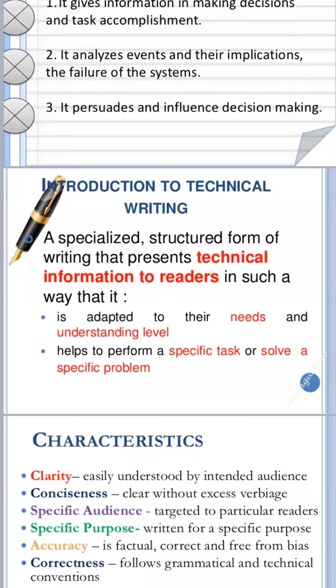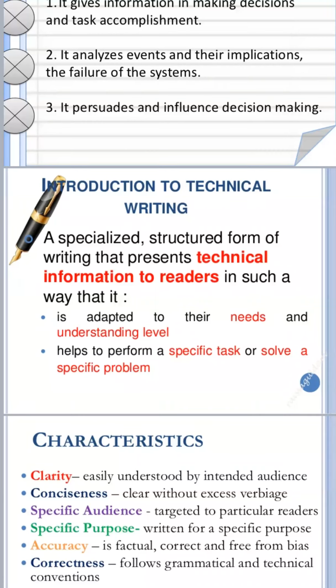Then we say that it is adapted according to the needs of the readers, or the audience for whom we are going to write it, and according to their level of comprehensibility.